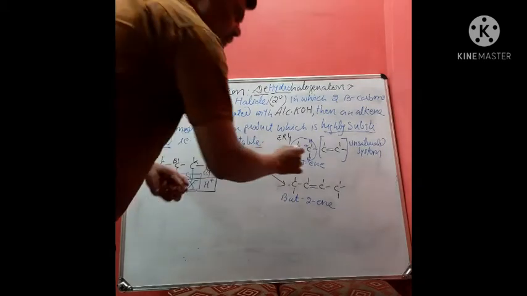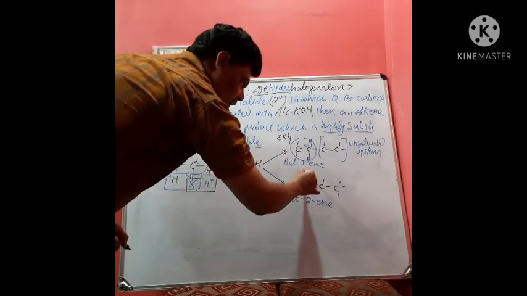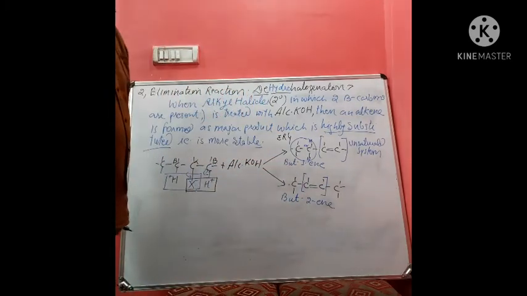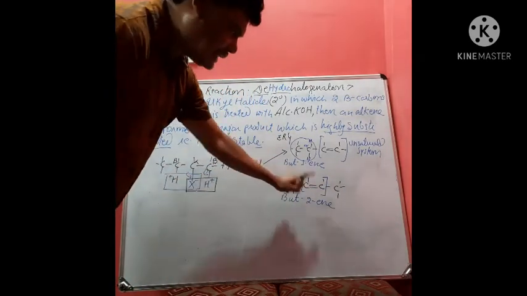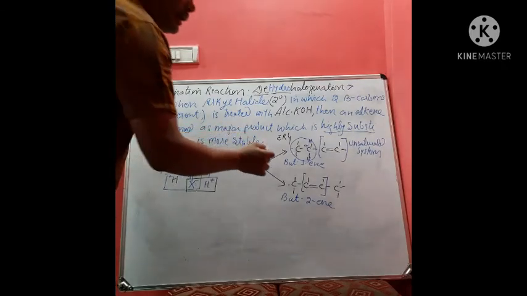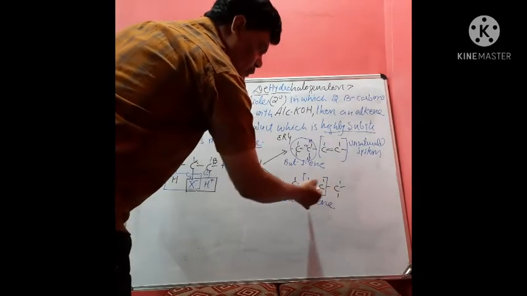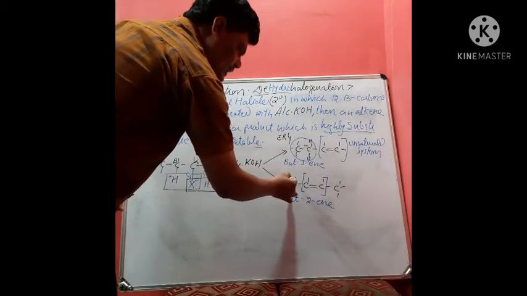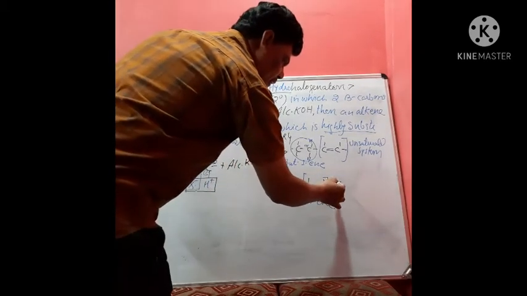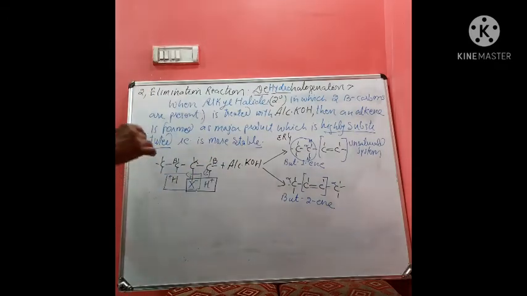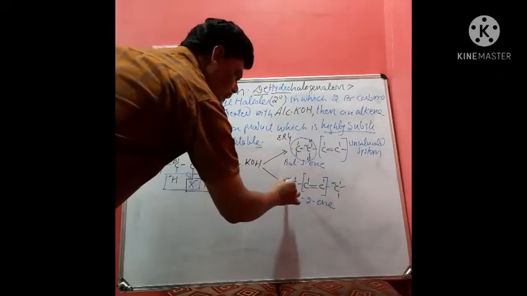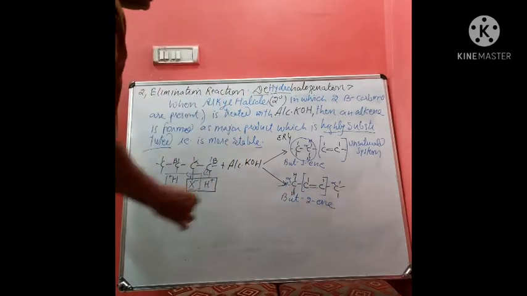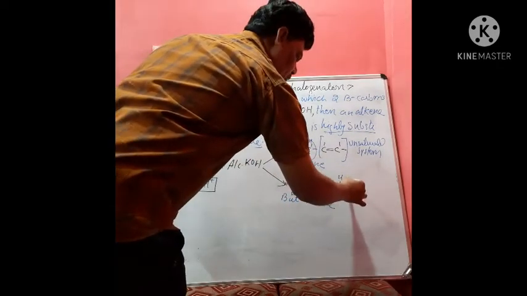But focus here. Here the unsaturated system or conjugated system, this one, the alkene, is directly attached to 2 carbon atoms, one on the left side and one on the right side. Therefore, this one and this one are known as alpha carbons. And each alpha carbon further consists of 3 hydrogens.